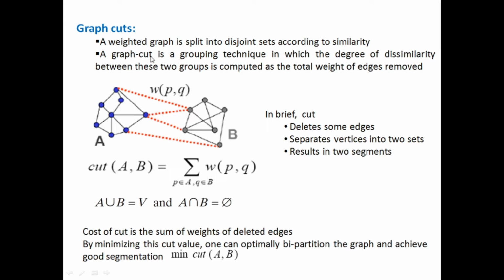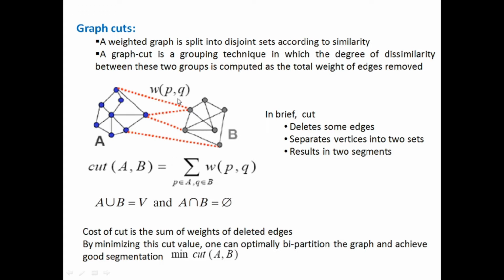A graph cut is a grouping technique in which the degree of dissimilarity between two groups is computed as the total weight of the edges removed. Let me assume I have group A and group B, wrapped within some volume, containing group A pixels as well as group B pixels.